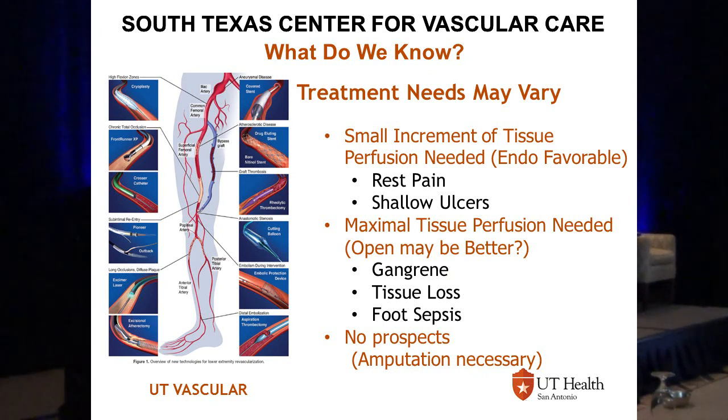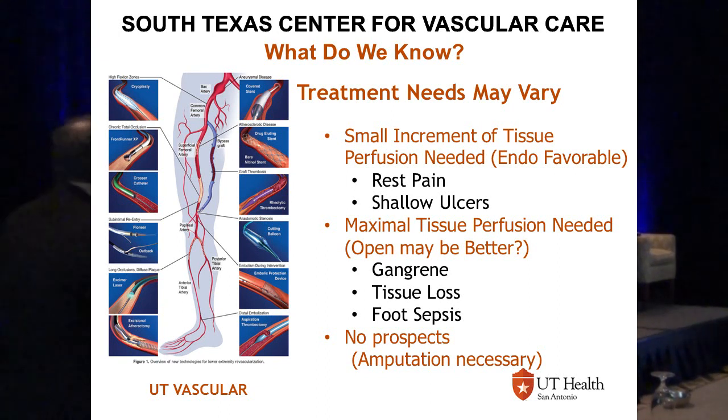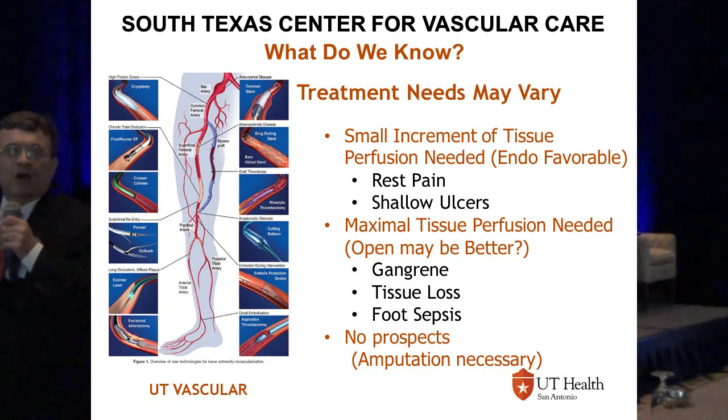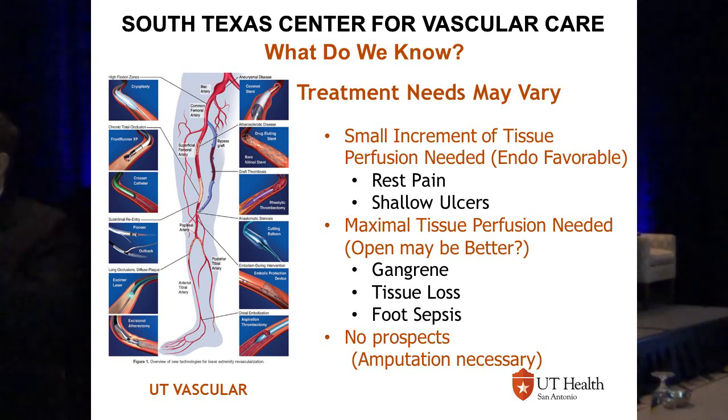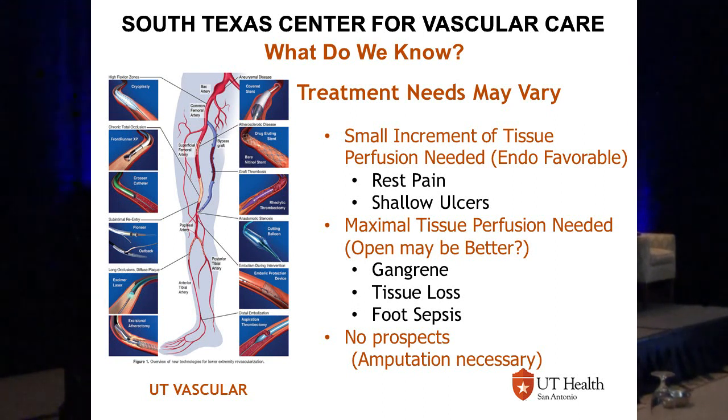If you have significant tissue loss, which is either gangrene or foot sepsis, whether you go with a WIfI or an appropriate other scale, be it PREVENT III or the FinnVasc score, then probably bypass is suitable, as long as there's flow to the foot and as long as you have a target vessel. But in many places, including South Texas, we see more and more people who have no prospect because of a rampant and malignant diabetes that's growing in the population, and they end up with amputations.